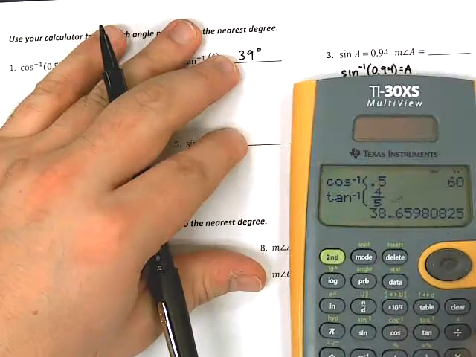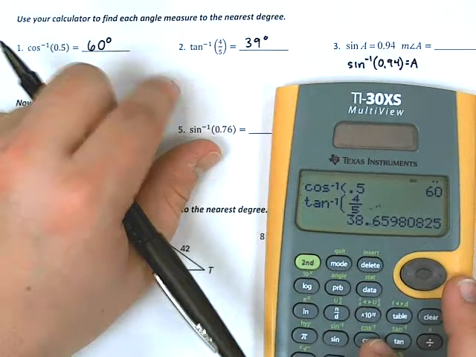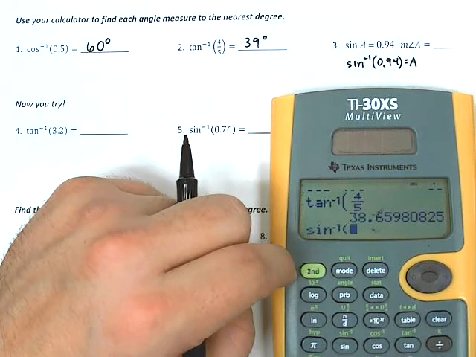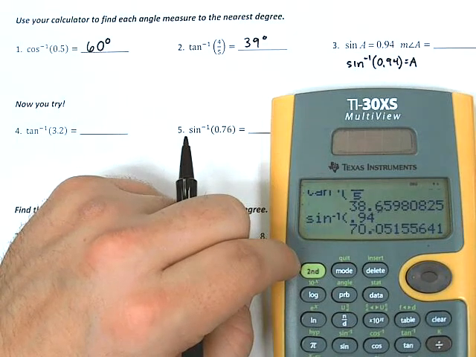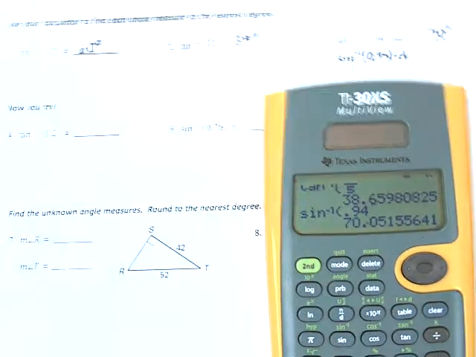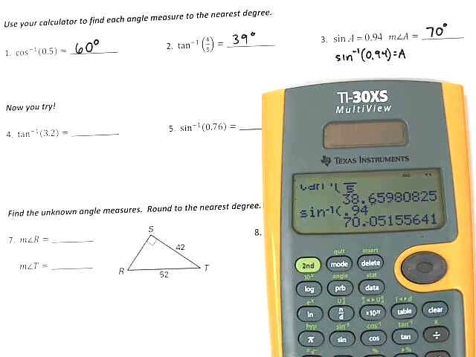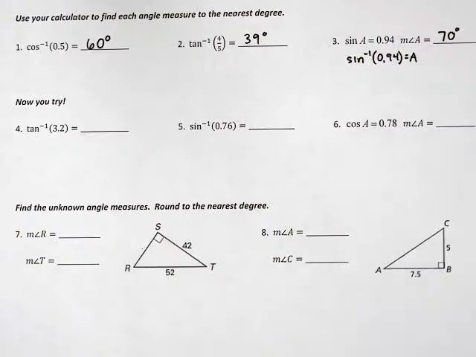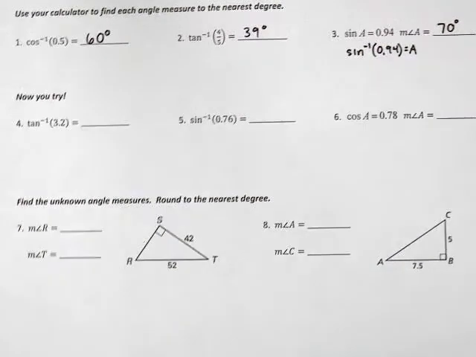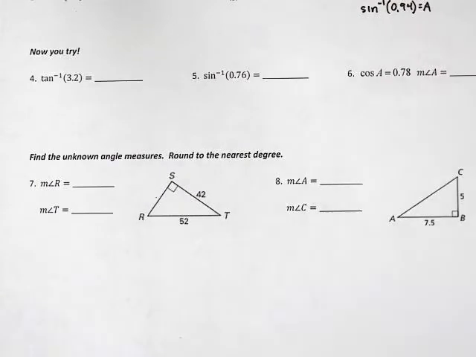So that was important to write out. Okay, so now I know inverse sine of 0.94 is about 70 degrees. Alright, I will let you try the next three on your own, and I can go over those answers with you in class tomorrow if you want them.